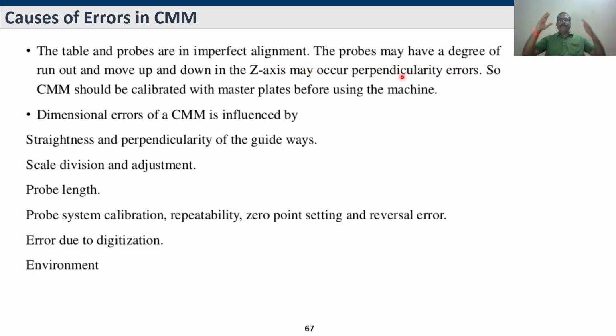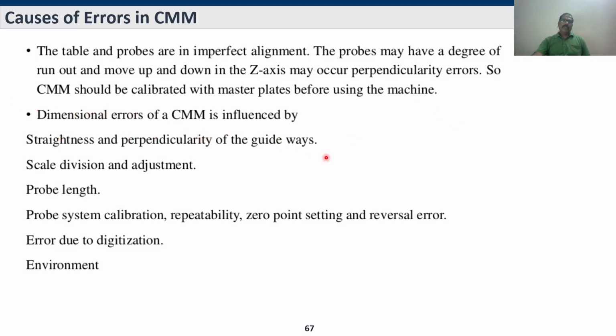So if the table moves up and down, or some probes have run out error, then perpendicularity error may occur. So the CMM must always be calibrated by using master plates before using the machine. If you want to use the CMM for any measurement, inspection or scanning purpose, we must do calibration.